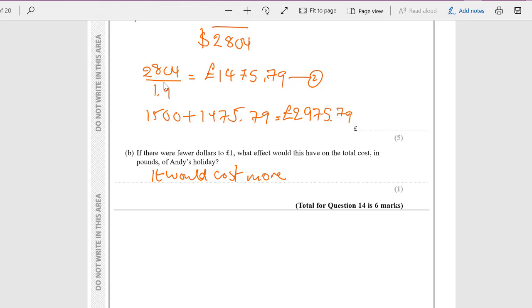If you're dividing by a smaller number, then your answer will be much bigger. And so you'll be adding this answer to the 1,500 to give a much larger value. So it costs more essentially.